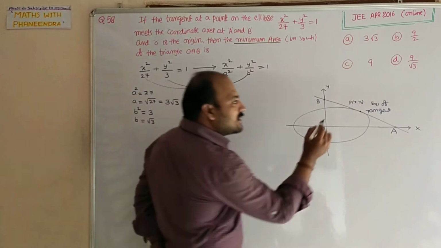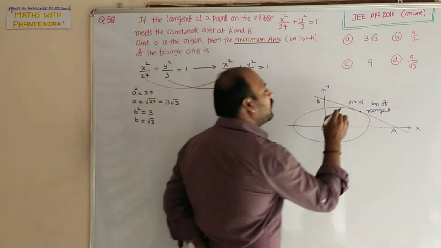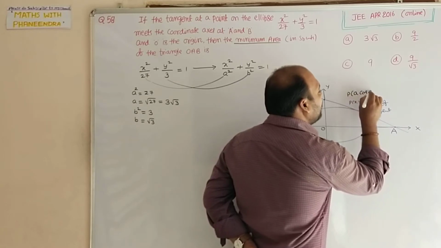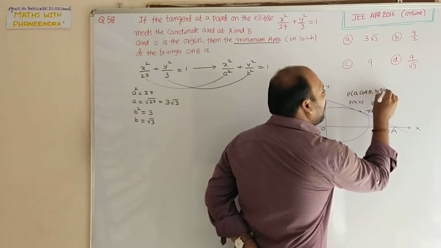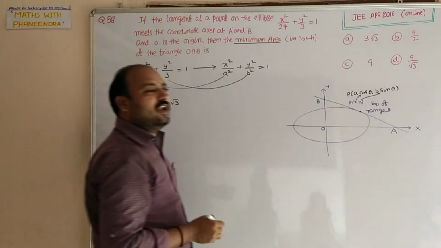Now this x1, y1 point, I am taking as a parametric point. Parametric point means P of a cos theta comma b sin theta. In place of x1, y1, you have to replace these values.